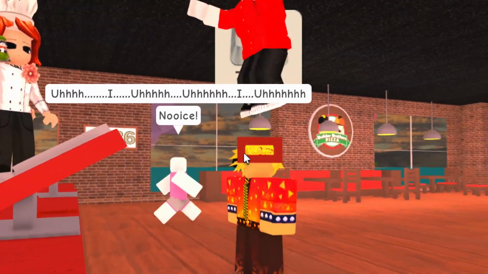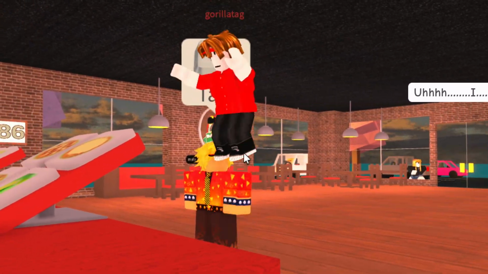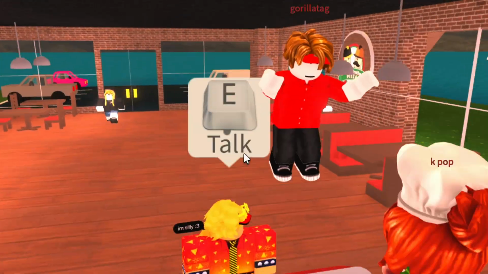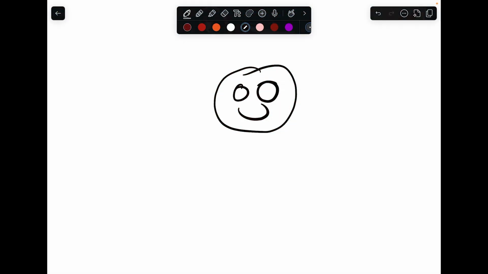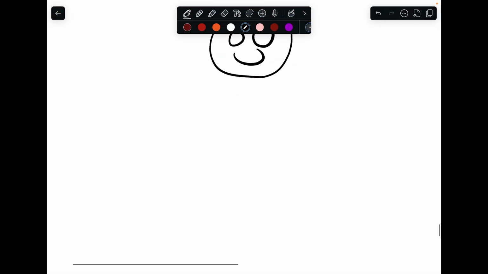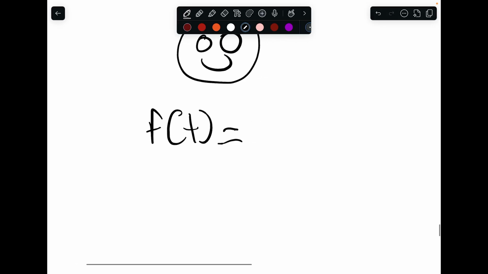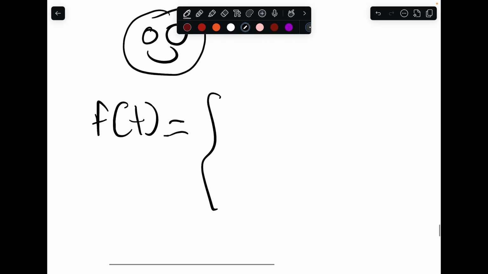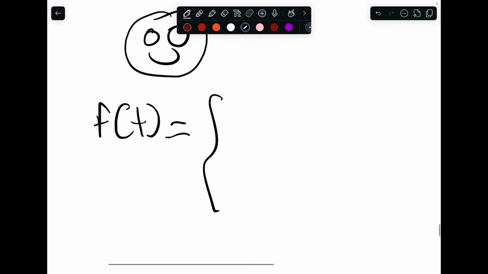Let's say you have some clanker that's working at the cashier station. You represent this as a piecewise function, where f of t represents the number of orders you have per hour. As I mentioned before, you have the robot working from when it opens to the halfway time.